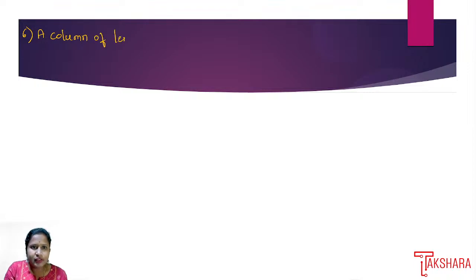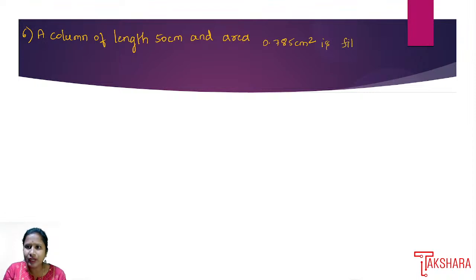So the next question is the sixth one. A column of length 50 centimeter and area 0.785 centimeter square is filled with 0.05 mole per liter of NaOH solution.